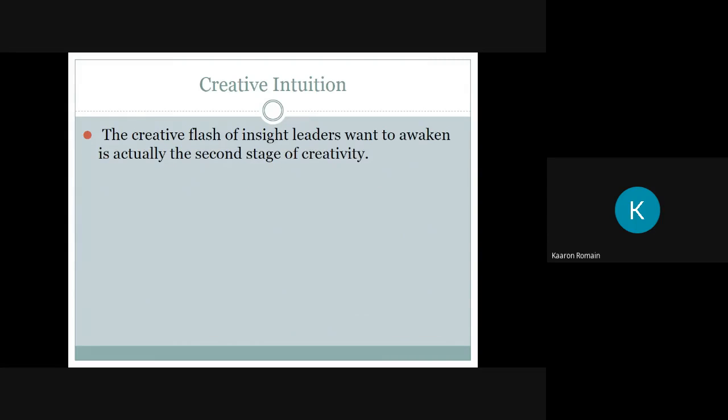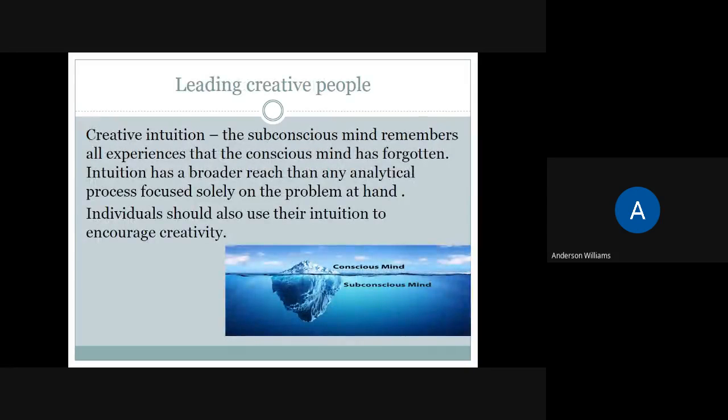The creative flash of insight leaders want to awaken is actually the second stage of creativity. Creative intuition. The subconscious mind remembers all experiences that the conscious mind has forgotten. Intuition has a broader reach than any analytical process focused solely on the problem at hand.